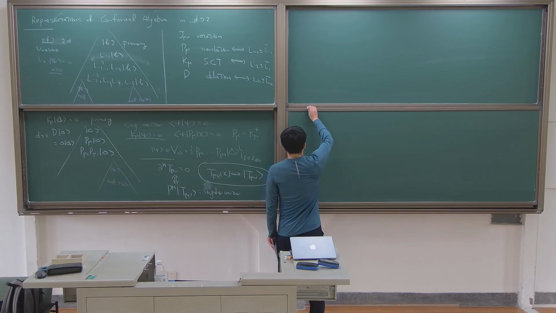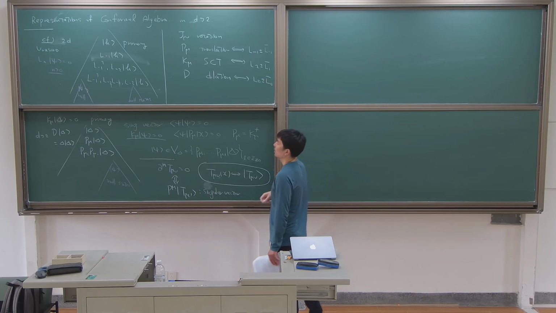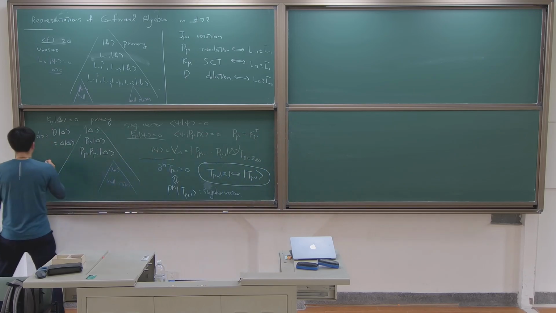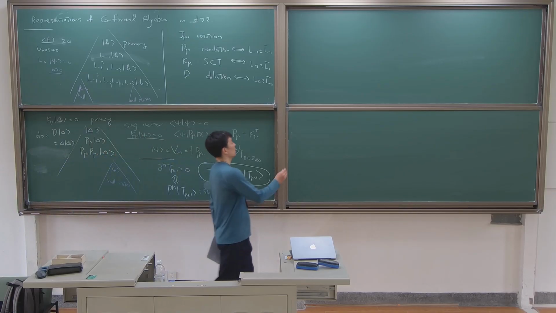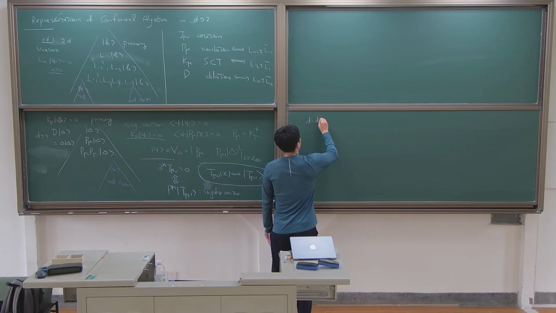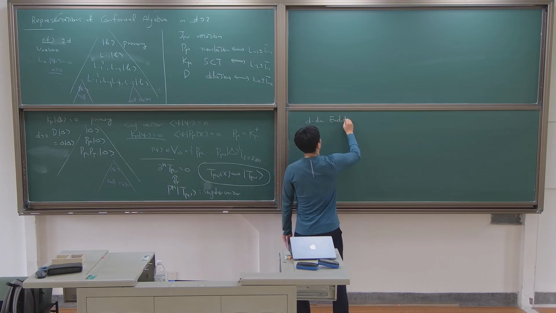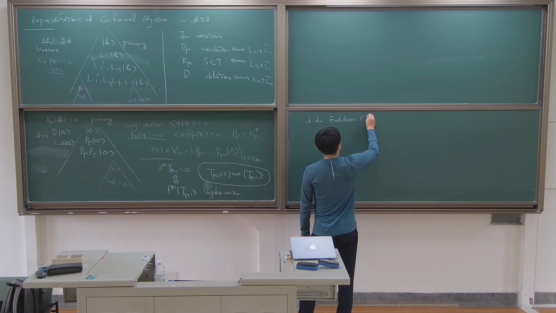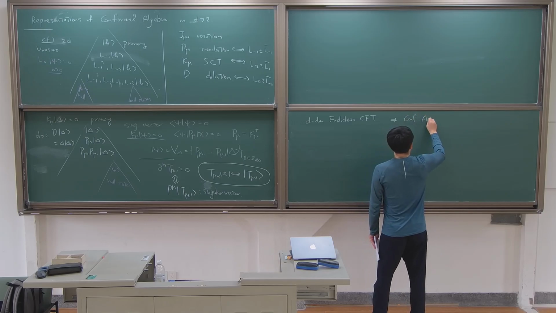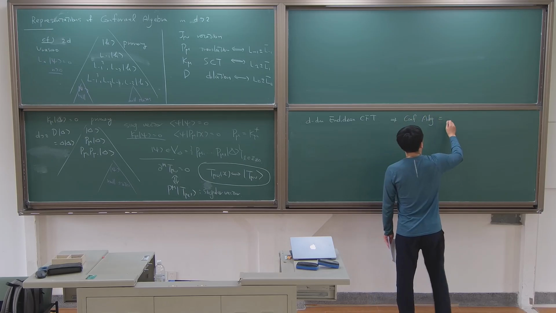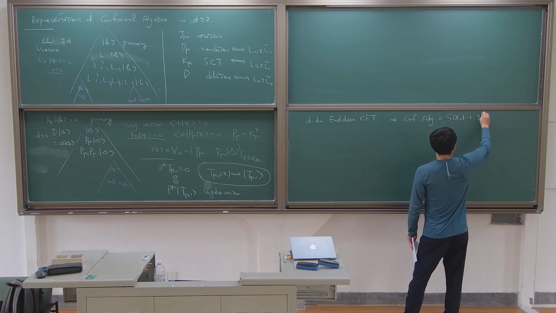Let's consider the conformal algebra of a D-dimensional Euclidean CFT. The conformal algebra is SO(D+1,1).